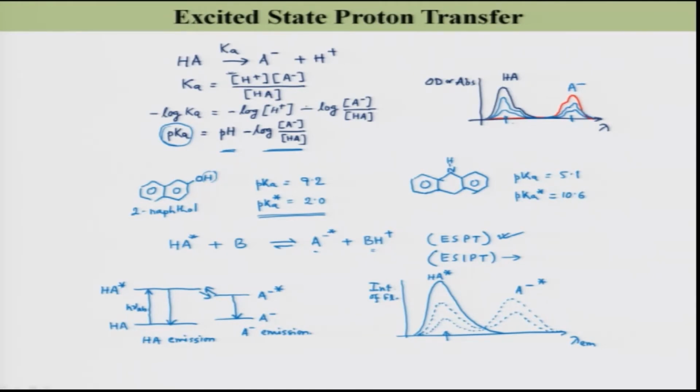So, if I just simply write this equilibrium, this part, let me write it. Here my equation is HA star converting to A minus star plus H plus.